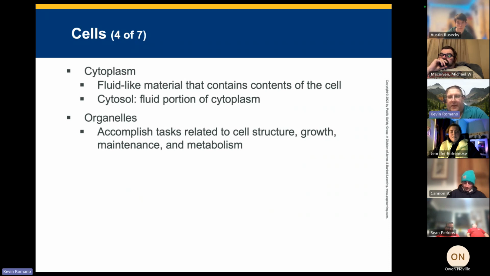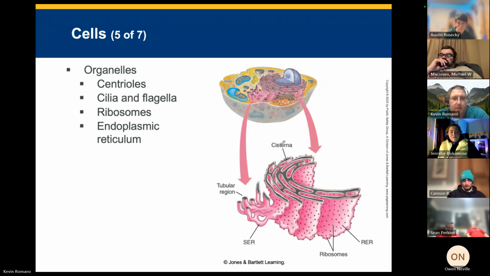All right, so organelles accomplish tasks related to the cell structure, growth and maintenance, and also metabolism. Let's see if it's in here. All right, so organelles have specific actions that help the cell carry out an activity, right? And these are the four things, and I'll describe all four that are up here.